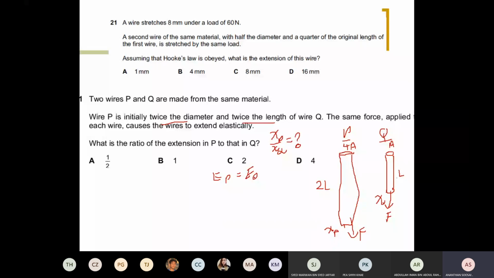Okay, I'm receiving more answers with A. As you see, Young modulus P is what? F times how many L? 2L over A is what?